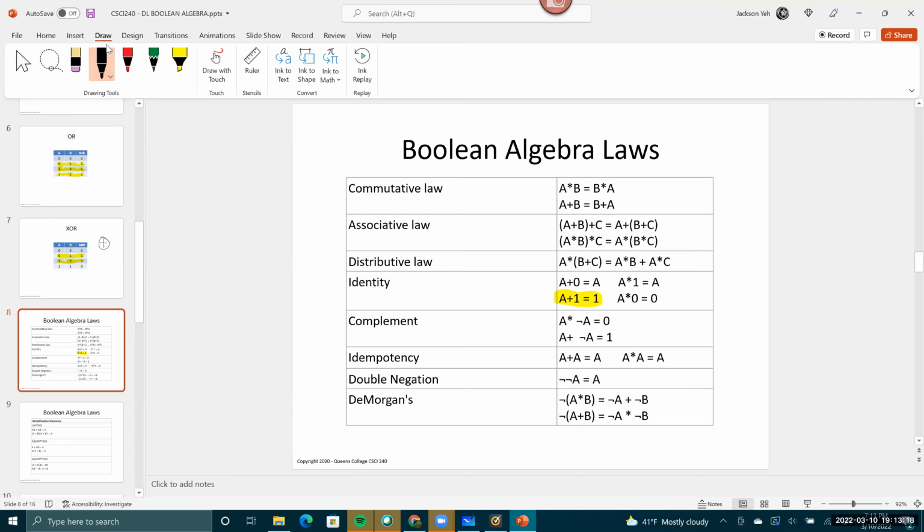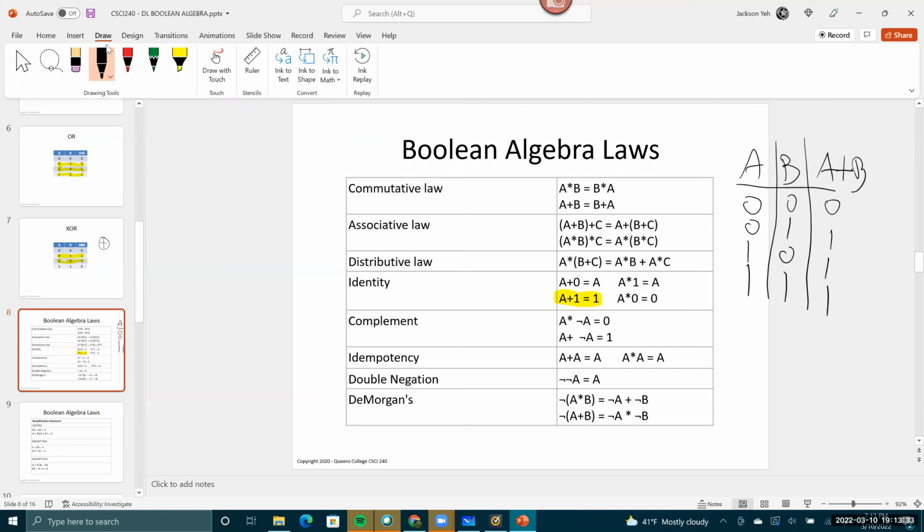Well, remember, this is not addition. This is an OR operation. So when you have an operation like A or B, 0, 0, 1, 1, this is just the truth table for an OR operation. So in this particular highlighted, A or 1 equals 1.